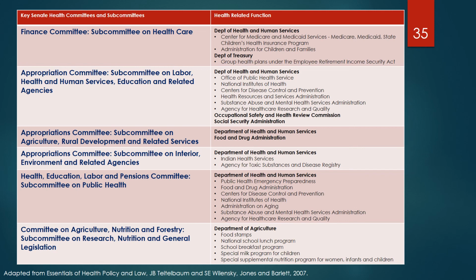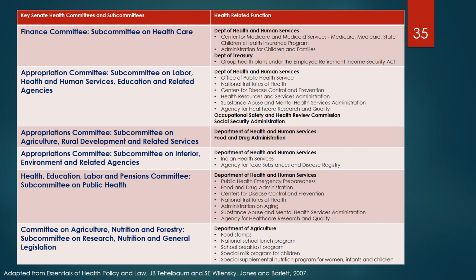This slide lists key Senate health committees, including Finance, Appropriations, Health, Education, Labor, and Pensions, and the Committee on Agriculture, Nutrition, and Forestry. As you can see, these committees and subcommittees are responsible for addressing legislative policies for key departments and their functions impacting public health and healthcare in the United States, including the Department of Health and Human Services, the Department of Treasury, the Food and Drug Administration, and the Department of Agriculture.